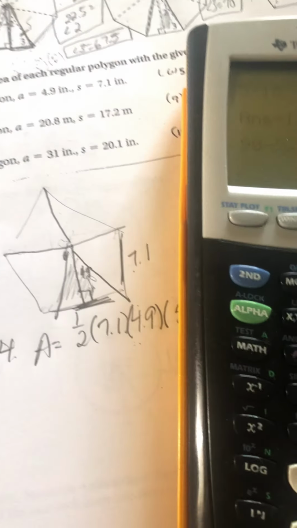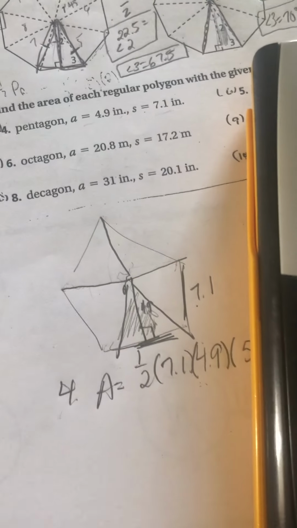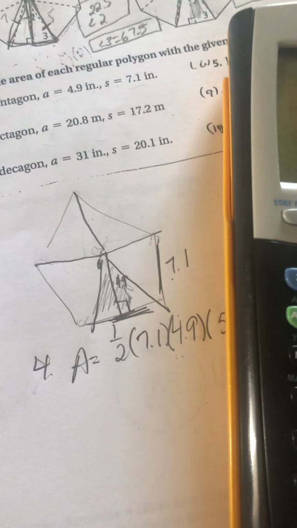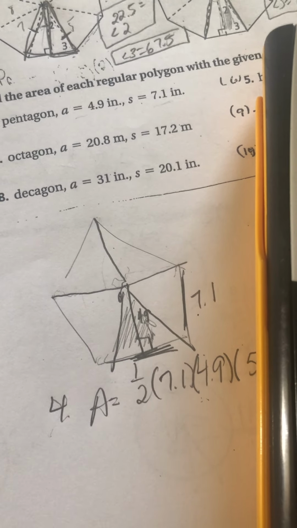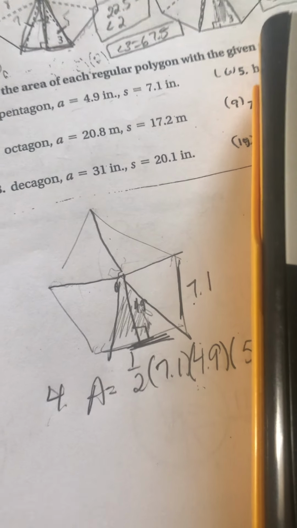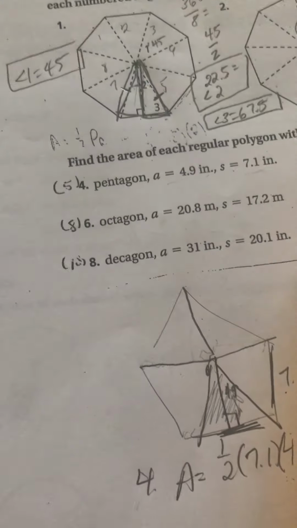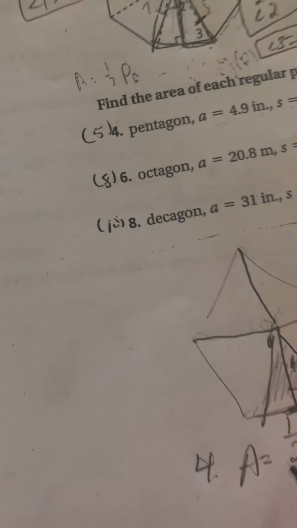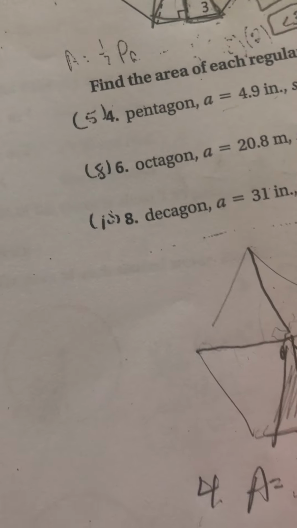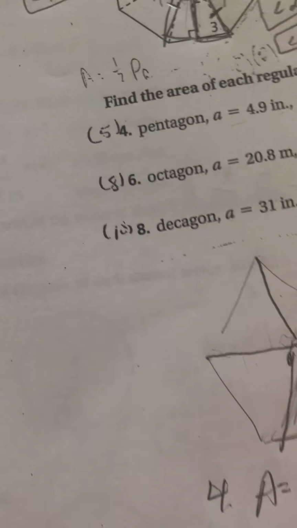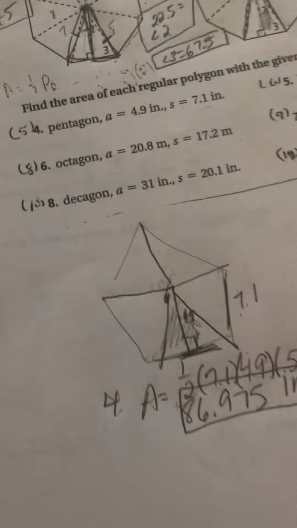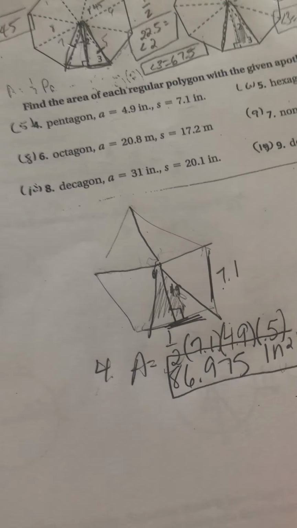If it's regular, all of those triangles are the same, so we multiply that by 5. This is number 4. So we multiply 1/2 times 7.1 times 4.9, which is the area of one triangle, and then times 5, because there are 5 of them. That gives 86.975 square inches, the amount of space on the inside of that regular pentagon.